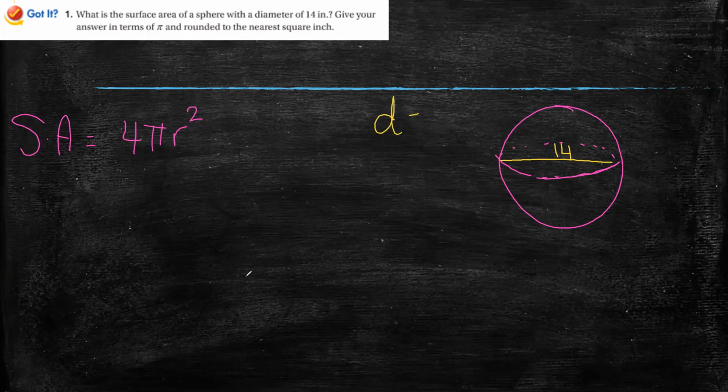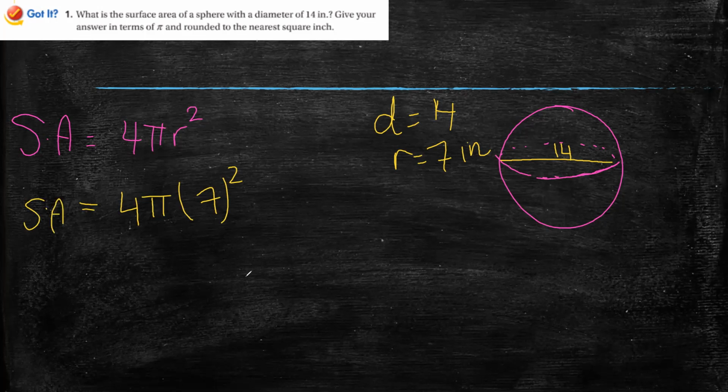Since the diameter is 14, the radius will be 7 inches. After I find the radius, let's evaluate: 4π times 7 squared equals the surface area. So 49 times 4 is 196π, the surface area of this sphere.